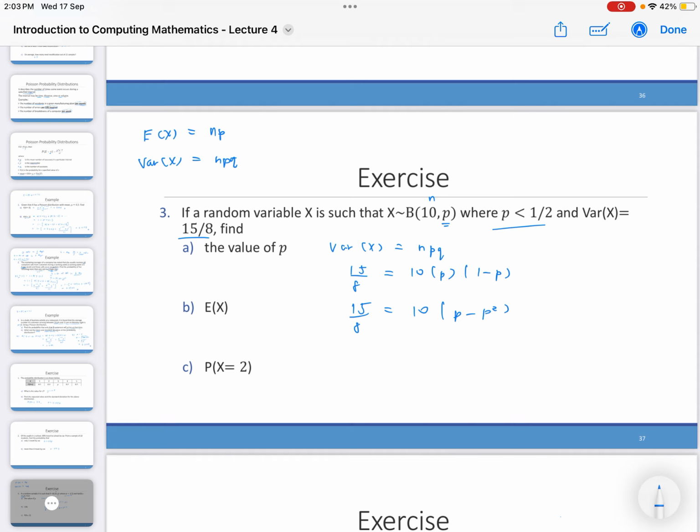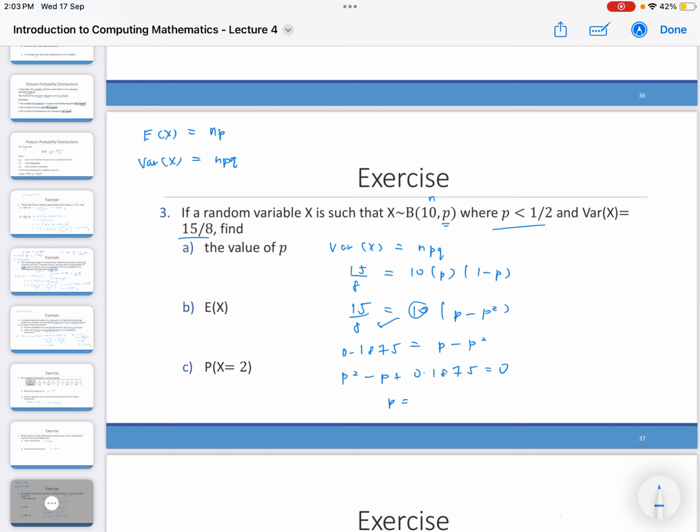The 10 we can bring down, so we have 0.1875 equals p minus p squared. Everything we can bring to the right hand side: p squared minus p plus 0.1875 equals 0. So this is a quadratic equation, and we can solve this one.